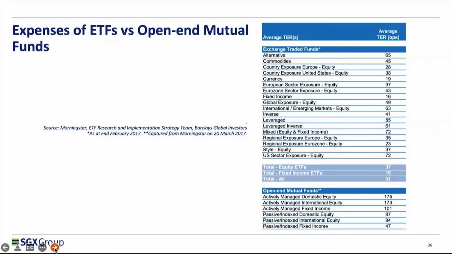Now, compare that to what you see on the bottom table, looking at actively managed equity, international equity, and also fixed income. You realize that the total expense ratio is a very substantial difference that we are talking about. And if you are managing your portfolio, this will make all the difference when we look at the portfolio performance at the end of an investment time horizon.